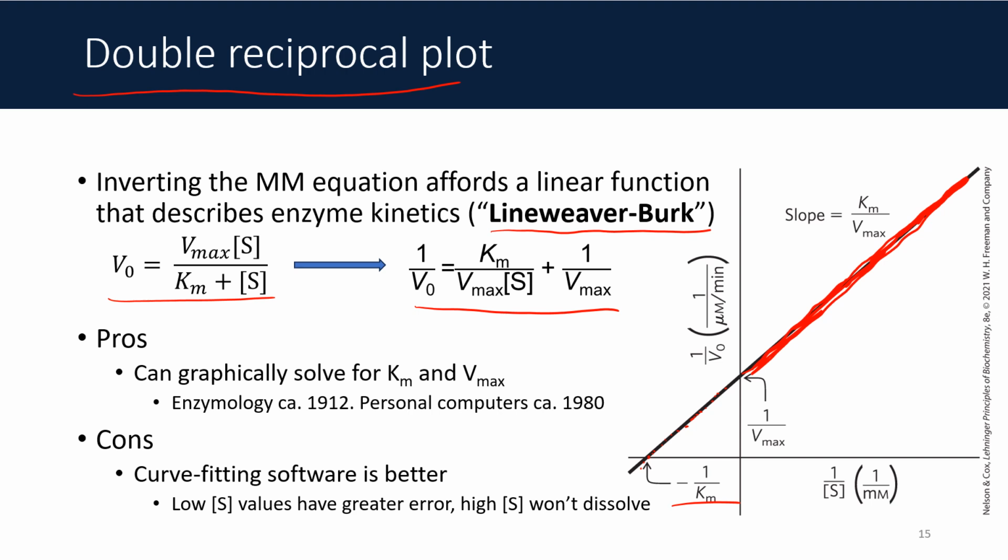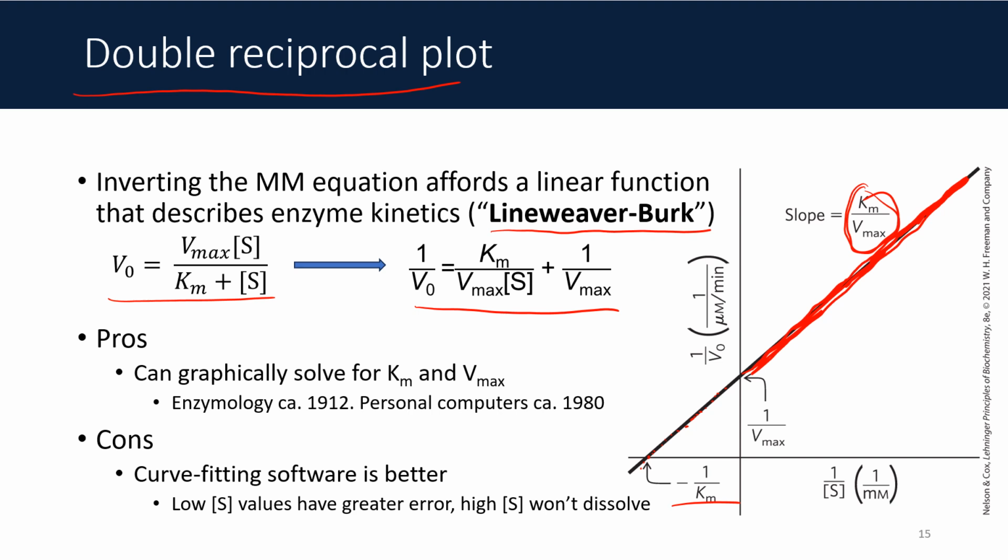And the slope of the line is equal to the Km divided by the Vmax. So having the x-intercept and the slope will let you calculate your Michaelis-Menten parameters. The problem here is that this method is not very accurate. Excel can do a really good job even of fitting a hyperbolic curve and getting these numbers way more accurately.